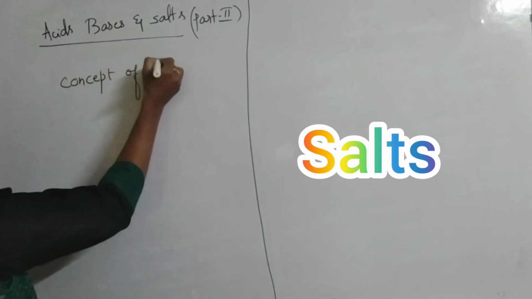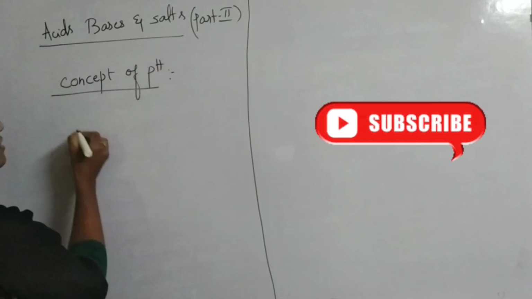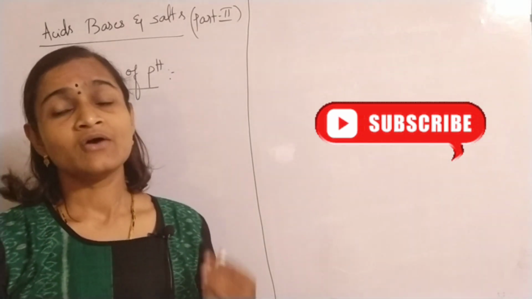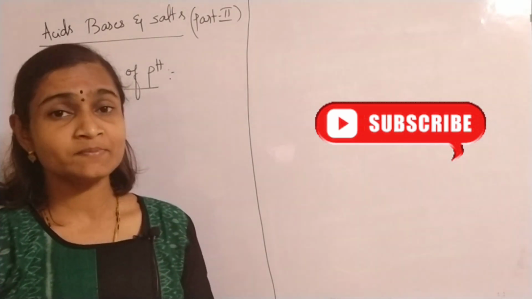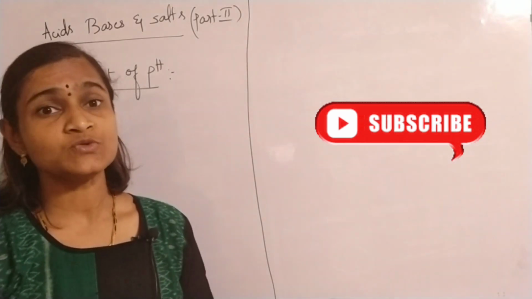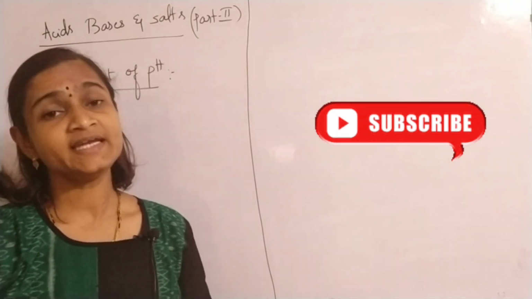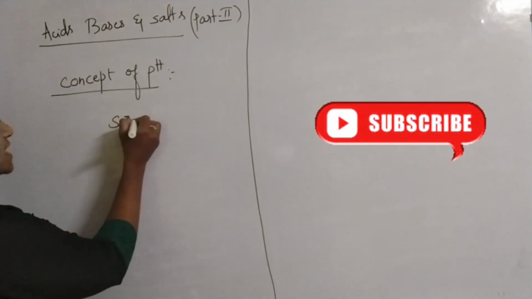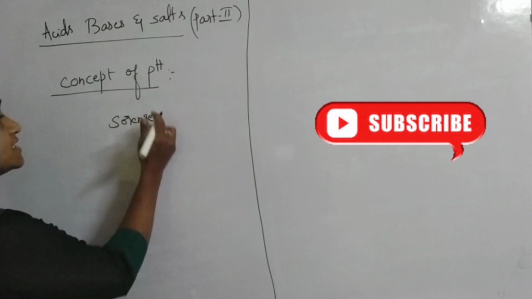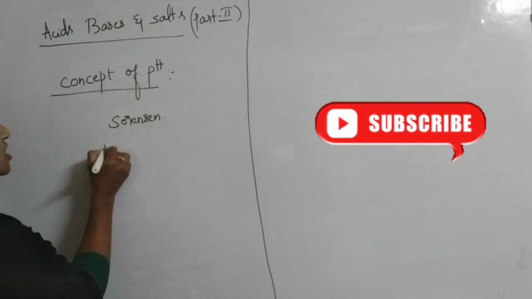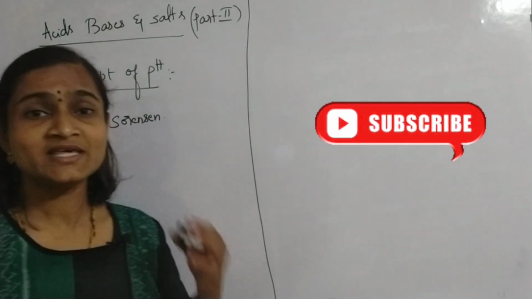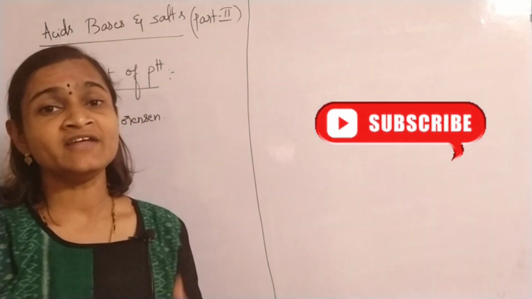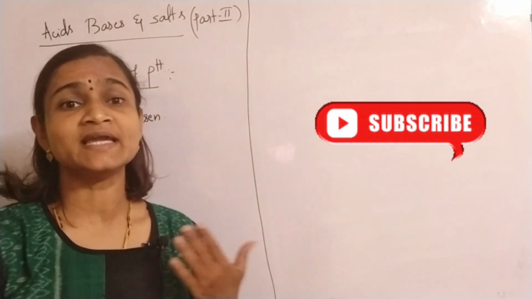What is pH? In order to find the relative strengths of acids and bases, we use the concept of pH. The concept of pH was first introduced by the scientist named Sorensen. pH is a scale or a measurement used to identify the relative strengths of acids and bases.